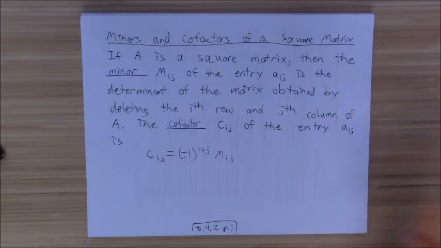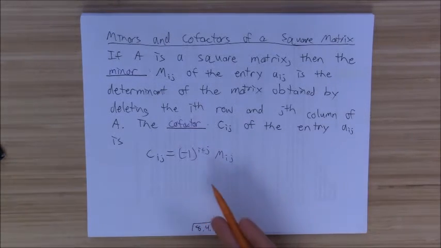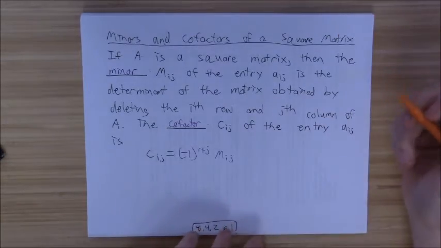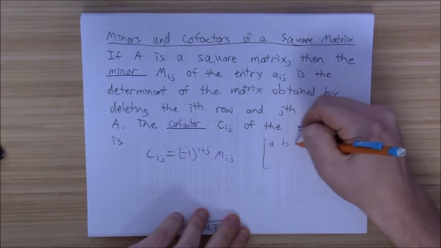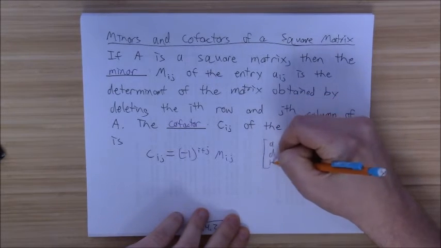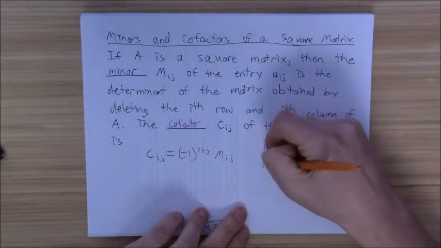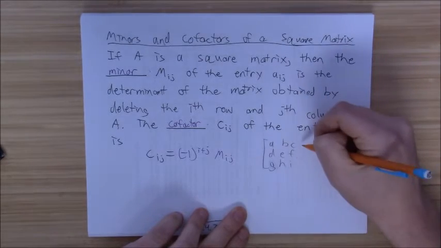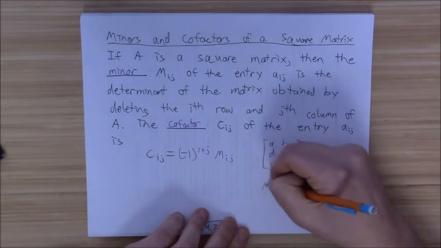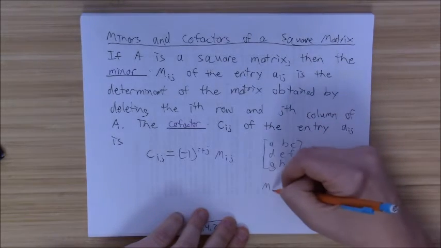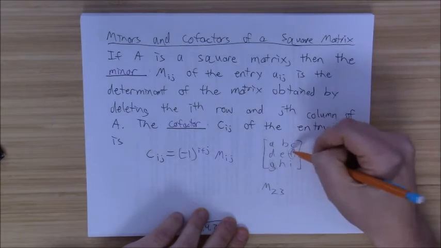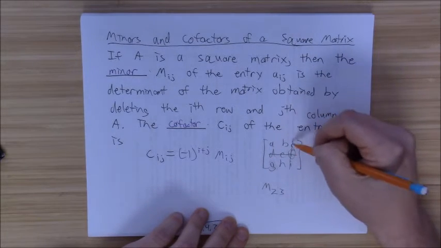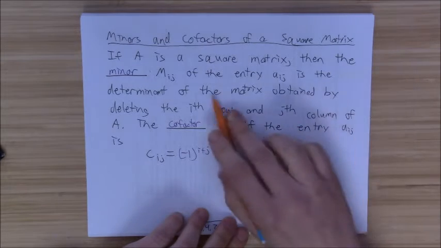And here, in practice, what does this mean? Well, in practice, finding the minors, if I had the matrix A, B, C, D, E, F, G, H, I, and I wanted to find M23, I go to the entry 2, 3, which is right there, and I ignore the row and column that it's in.